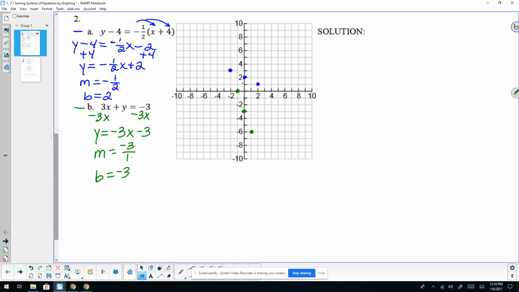Now, unlike our first problem, we have not found a point where our two lines will meet yet. So I need to continue one of my two lines at least out until I find that point where they will meet. So I'm going to continue my green line going up. So up 3, 1, 2, 3, left 1, and that's the point where they will meet. So I can now finish my lines.